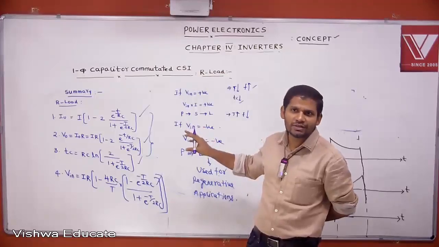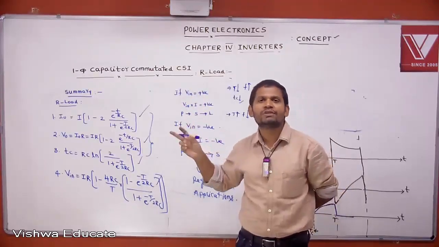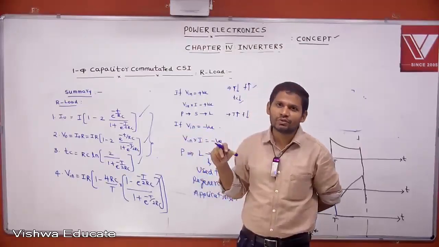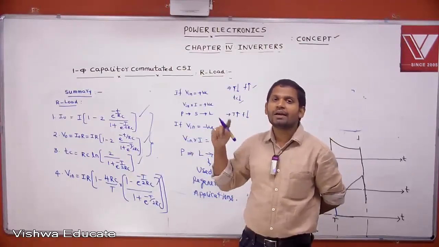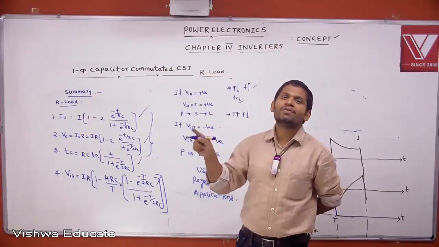Then there is another current source inverter, the ASCI, auto sequential commutated current source inverter. Then I will give one or two points with respect to the 3-phase current source inverter. With that, the current source inverter concept will be completed.